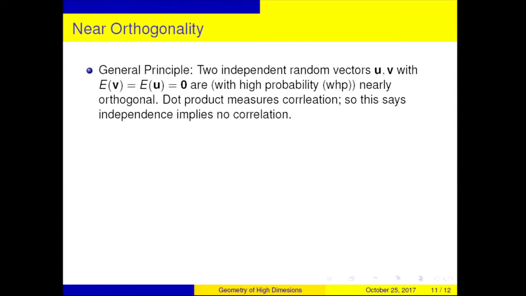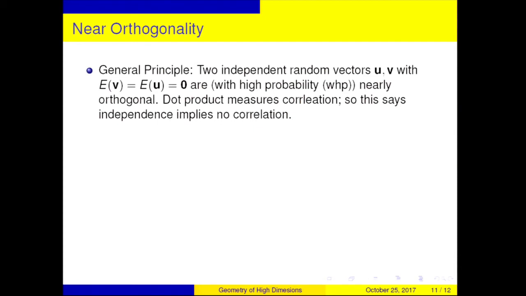So another consequence of the equator thing is a general principle in some sense. If I pick two independent random vectors u, v, and so I'm writing here the expectation of a vector, what I mean is component-wise you take expectations, right? Usually you take expectations of real valued random variables. So each component of u and v has expectation 0, and they're independent.